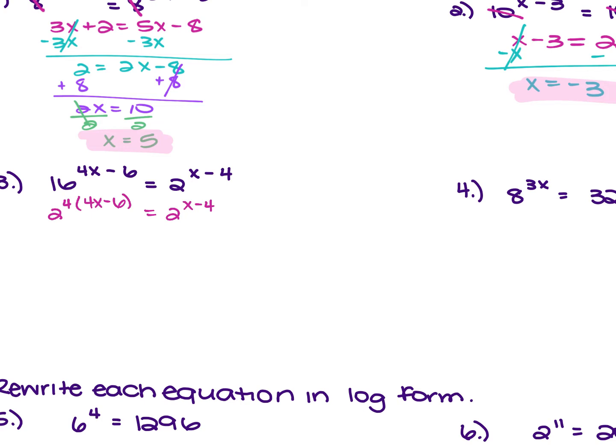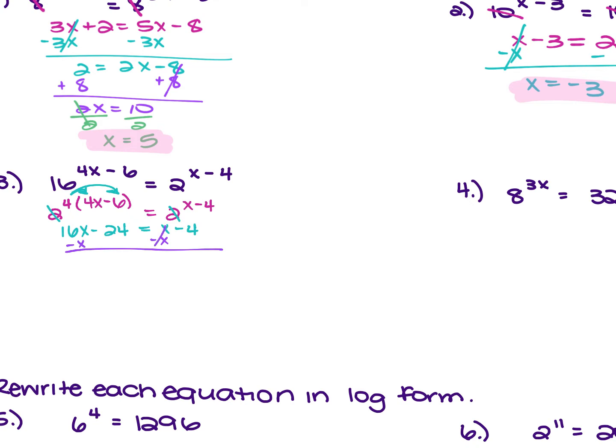Now your bases are the same on both sides, so cancel them out and just work with your powers. You have to distribute that 4 into the power on the left side. So you're really working with 16x minus 24 is equal to x minus 4. I'm going to move that x over by subtracting it from both sides.